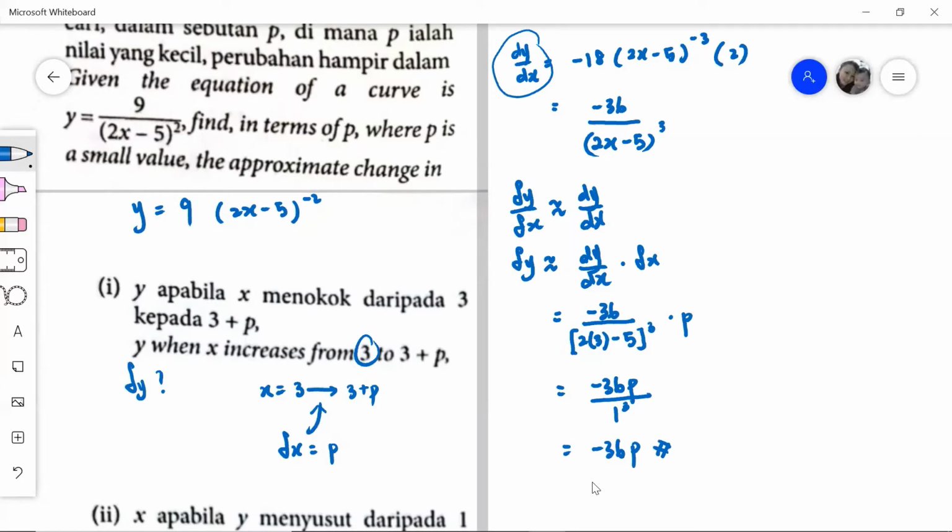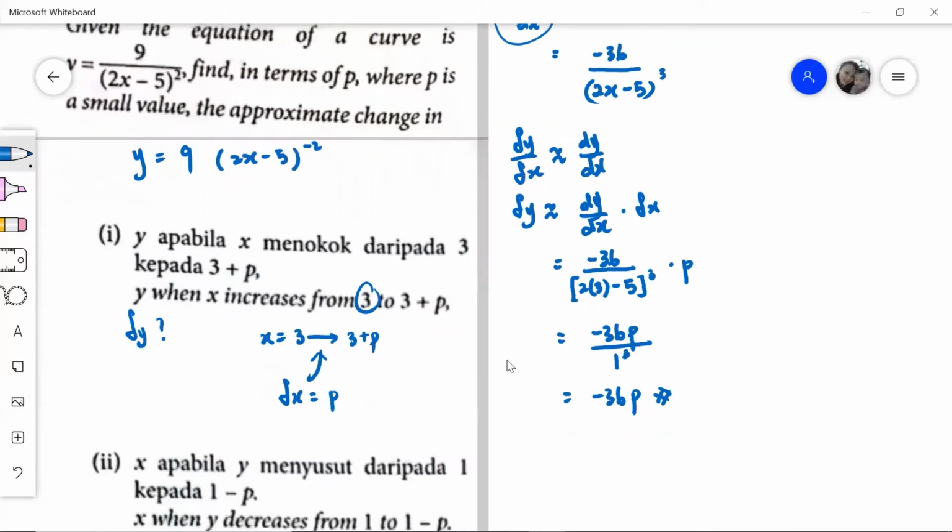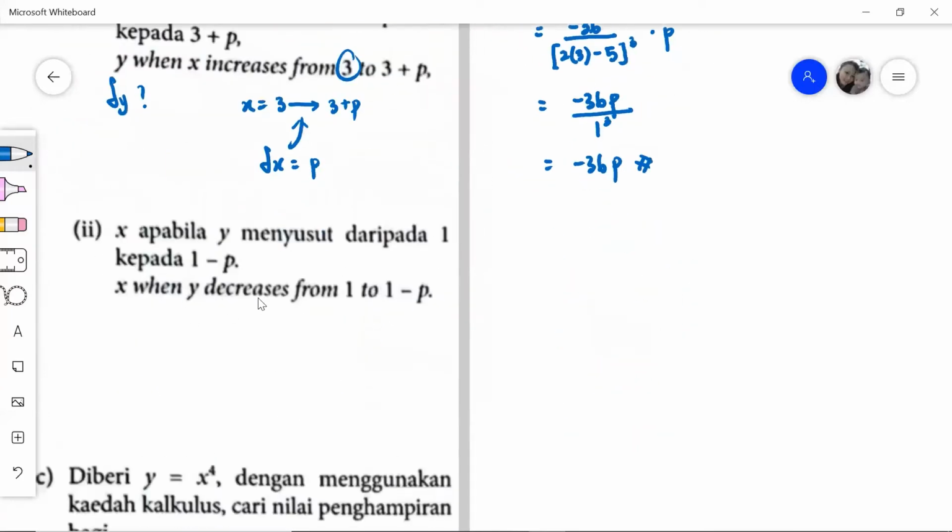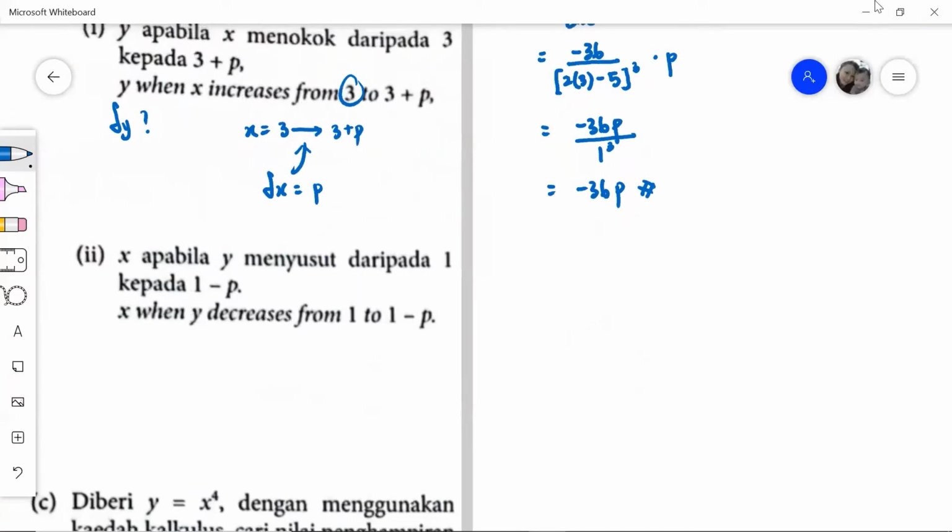Now let us move on to part 2. We need to find the approximate change in x when y decreases from 1 to 1 minus p. So delta x is the one that we need to find. When y decreases, initially it is 1 and changes to 1 minus p.